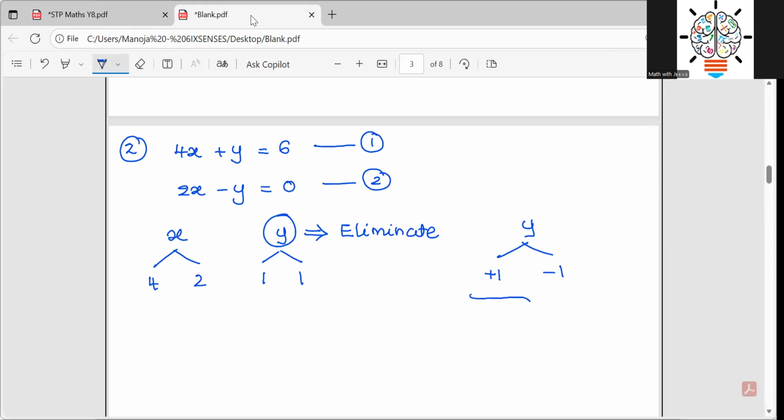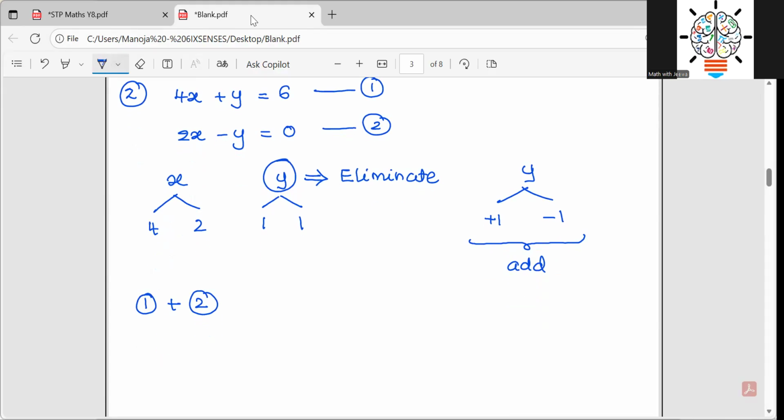Can you remember the rule we copied down, children? If the signs of the coefficients of the variables are different, we add, right? We add what? 1 and 2, right? Then how do you write? You write the first part, 4x plus y, add, open the bracket, 2x minus y, 6 plus 0.